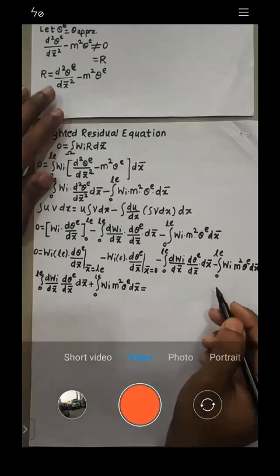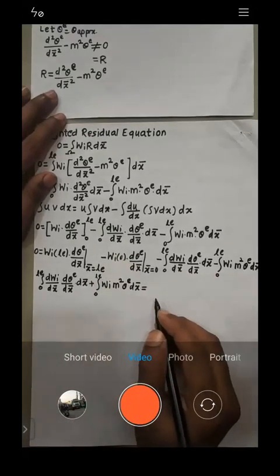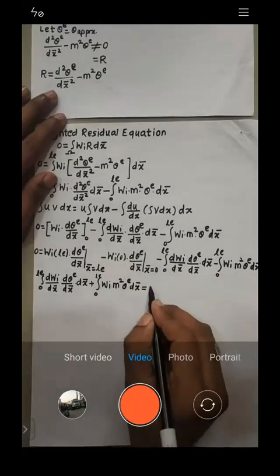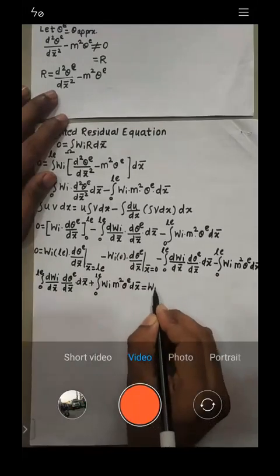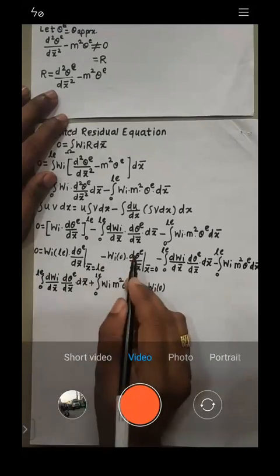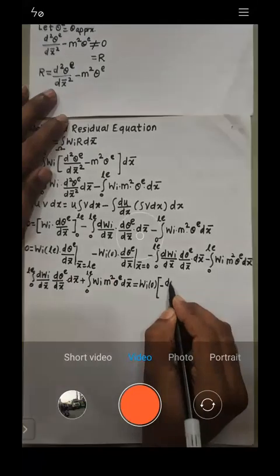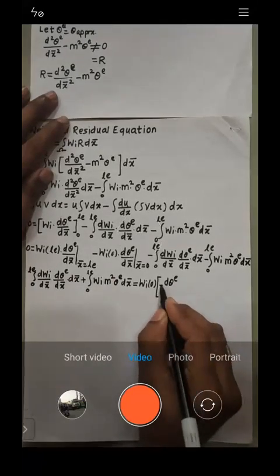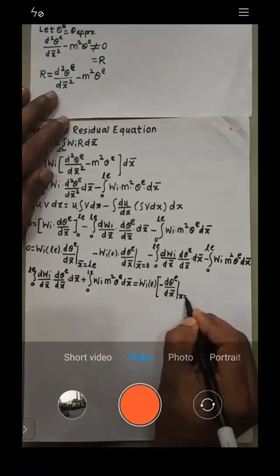So is equal to, now can I write down this as initially weight function at 0? Can I write down this like this or not? Let me know. See, here also we have done the same. I will write down like weight function at 0, right? This is weight function at 0, and this minus sign I will give it here. That is minus d theta e by dx bar when x bar is equal to 0. Is it okay? Yes or no?